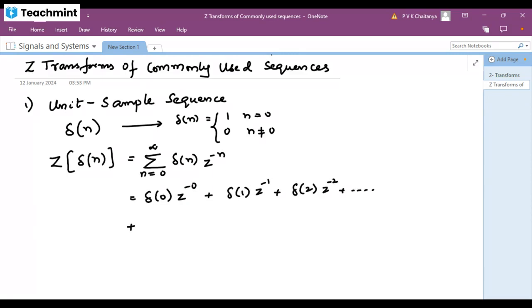Del of n is equal to 1 for n is equal to 0, and for all other cases it is equal to 0. Therefore, del of 0 is 1 into z power minus 0 is 1, and for all the remaining terms it will be zeros. So I'll be getting 1. Therefore, the Z transform of del of n is equal to 1 for all values of z.